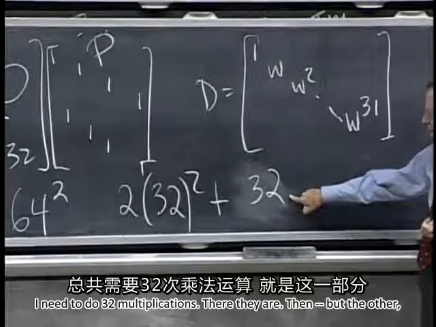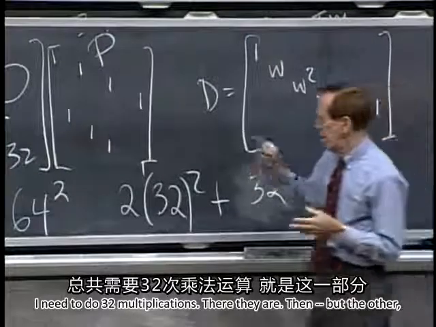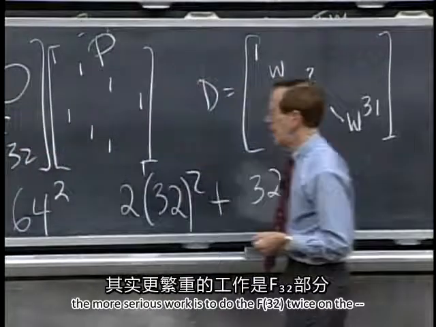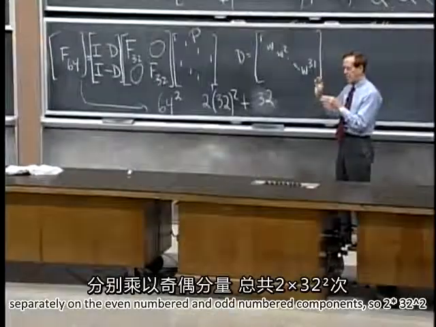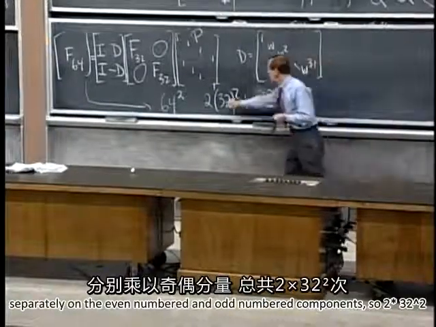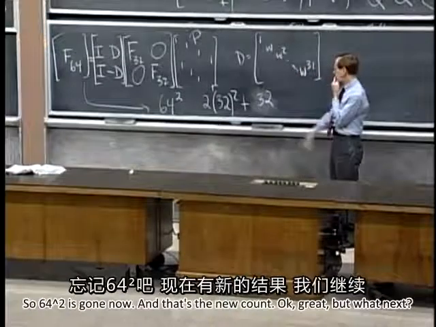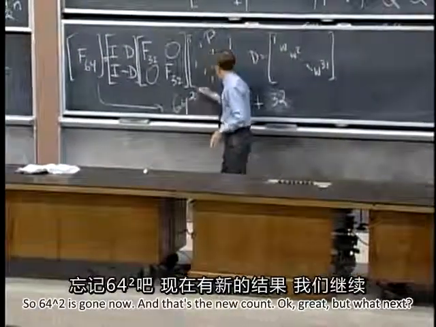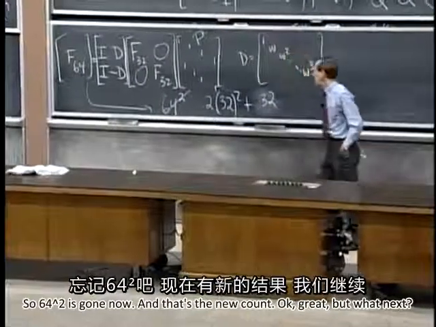There they are. But the more serious work is to do the F32 twice separately on the even numbered and odd numbered components. So twice 32 squared. So 64 squared is gone now. And that's the new count.